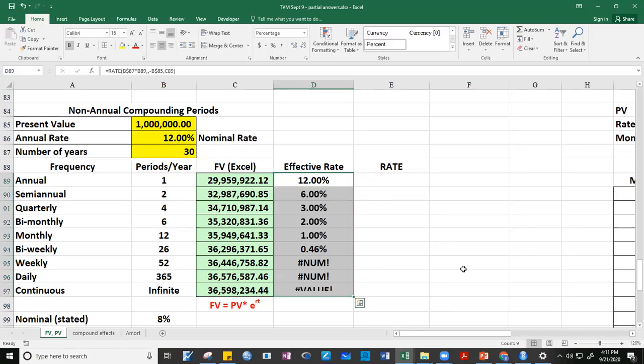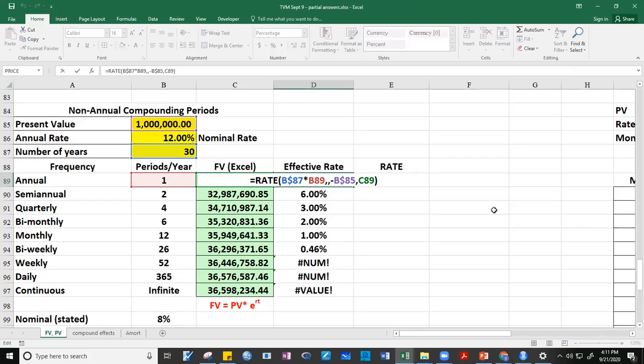Okay. Oh wait, where did I go wrong here? B87 times B89. Where's 89? B87 is 30 times 1. 30 times 2. What is C89? Future value. NPER is 87. There's no PMT. Present value is negative, this one.